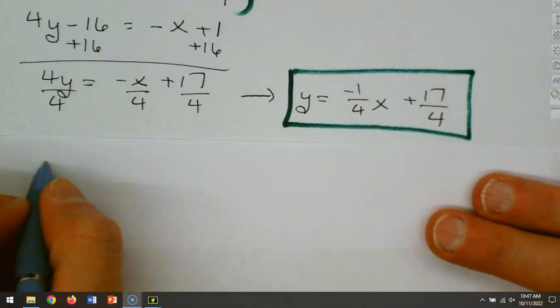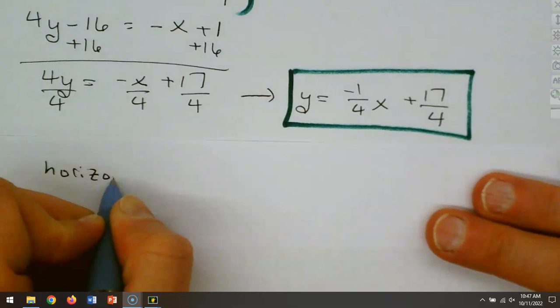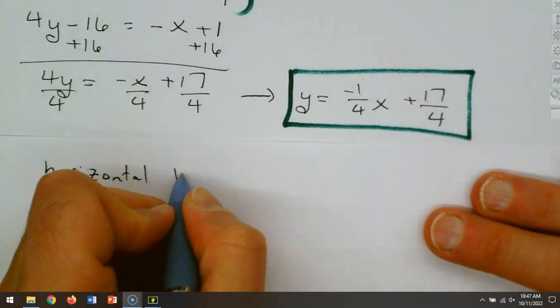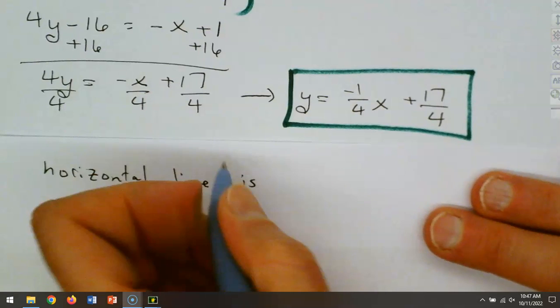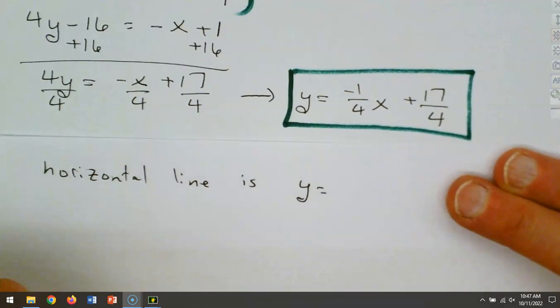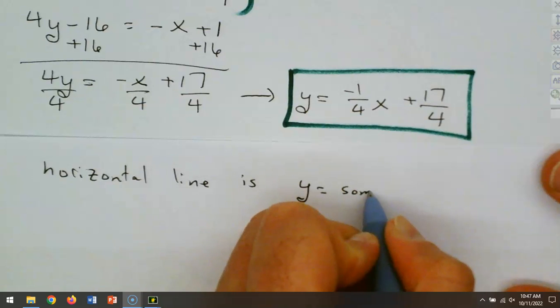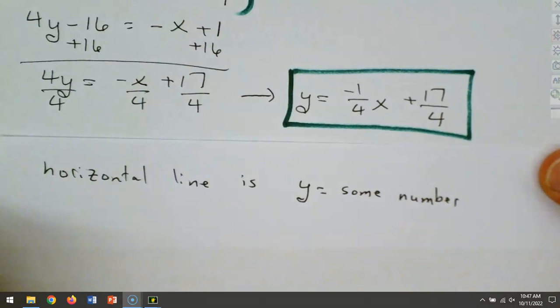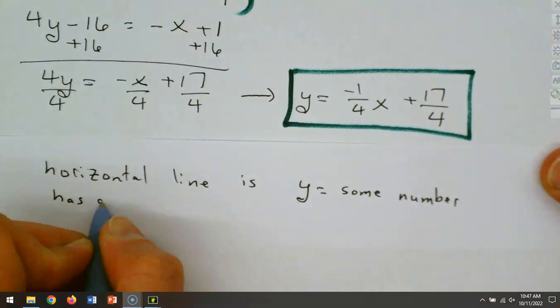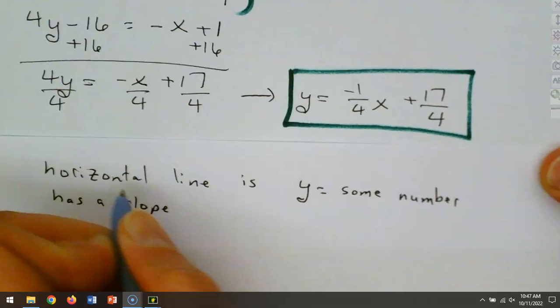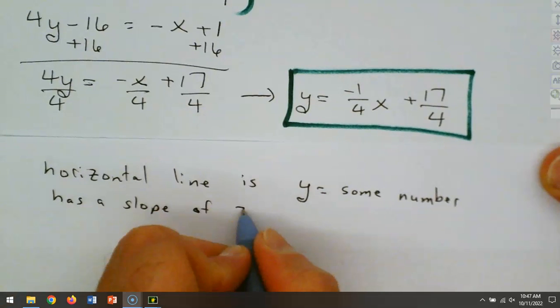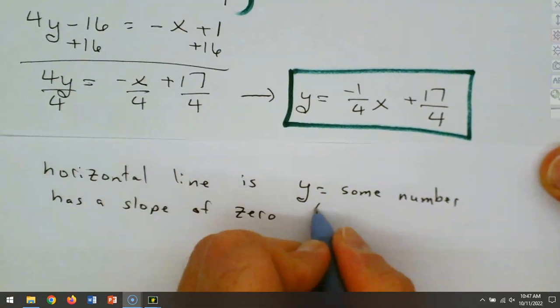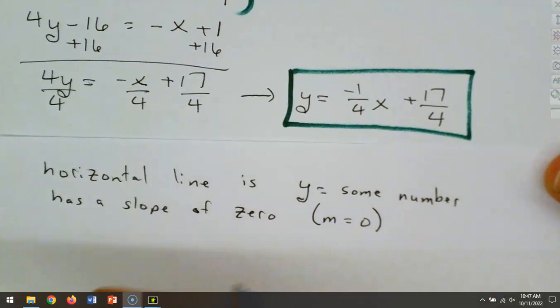So a horizontal line is y equals some number, and that has a slope of 0. So if you have a slope of 0, it's a horizontal line. It's a y line.